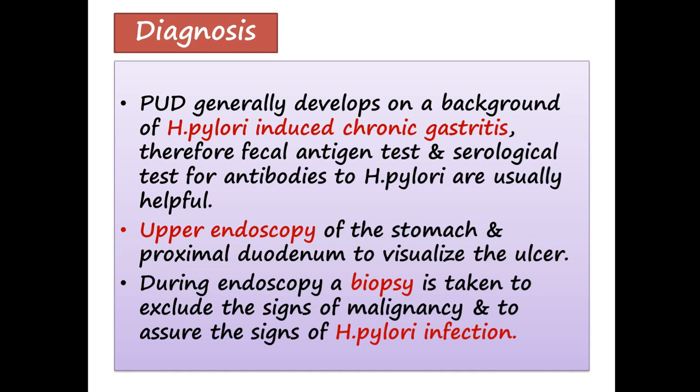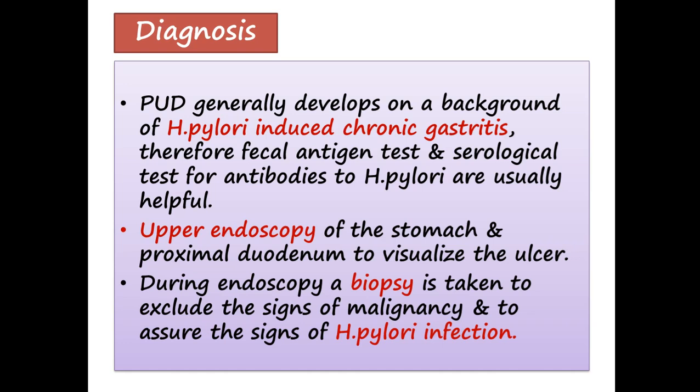So when we examine a patient with peptic ulcer, the initial investigation must exclude the presence of Helicobacter pylori and test the patient for chronic gastritis, which is commonly caused by Helicobacter pylori.